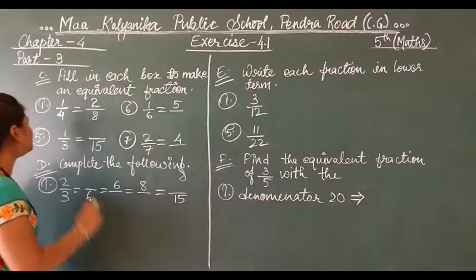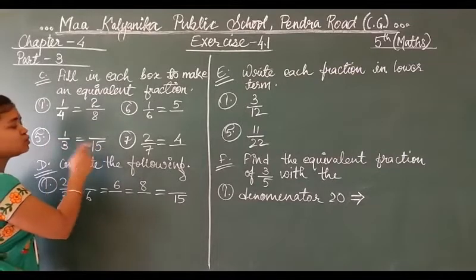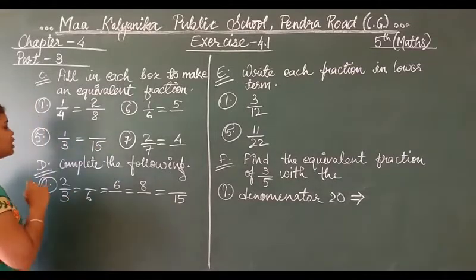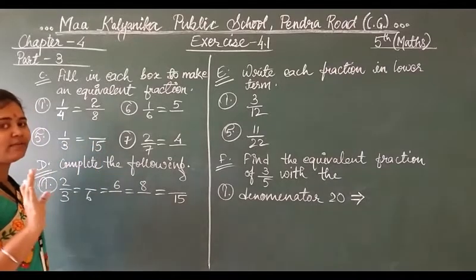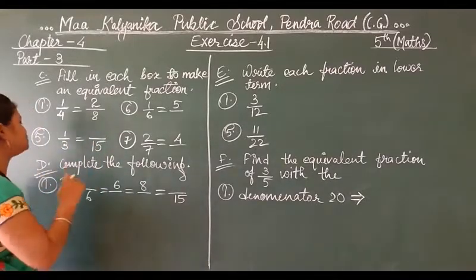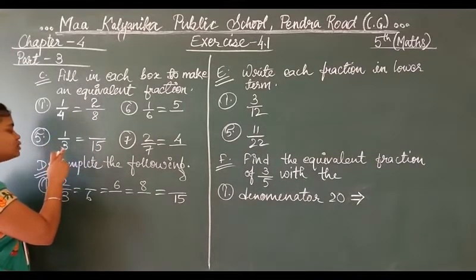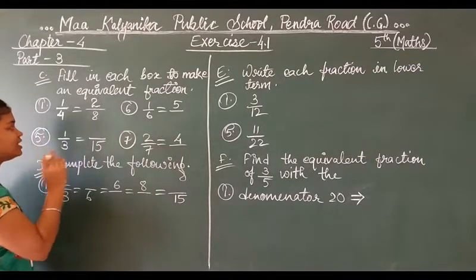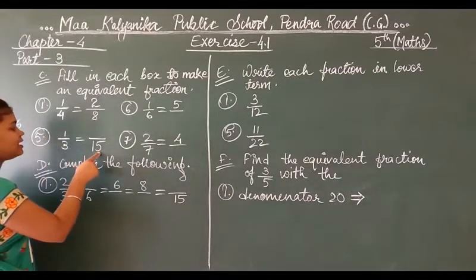Okay students, now moving to the next question. 1 by 3. Here also the denominator is given. So what will we do? We will read the table of 3 up to 15. Till we receive 15, we will continue our table. 3 ones are 3, 3 twos are 6, 3 threes are 9, 3 fours are 12, 3 fives are 15. 5 we are multiplying, getting 15.